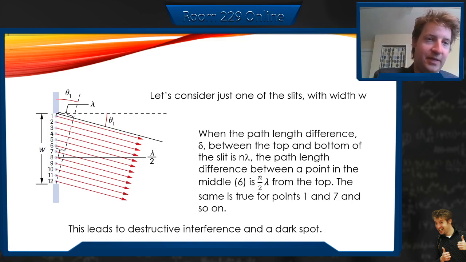If I make a little triangle here, there's going to be a little path length difference. And if that path length difference is half a lambda, there's going to be destructive interference. And if I go from the top to the bottom, if that path length is equal to an integer of lambda, we'll have constructive interference.